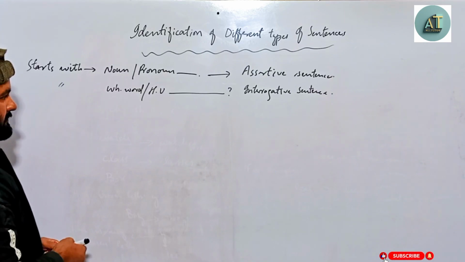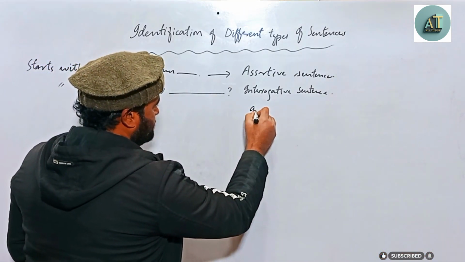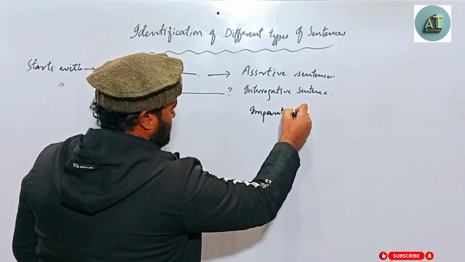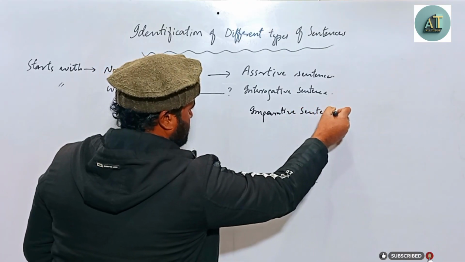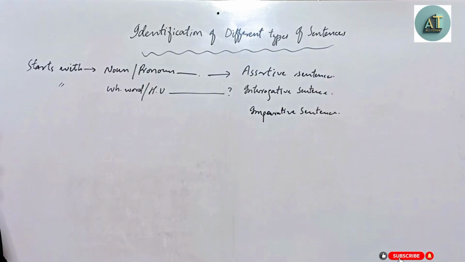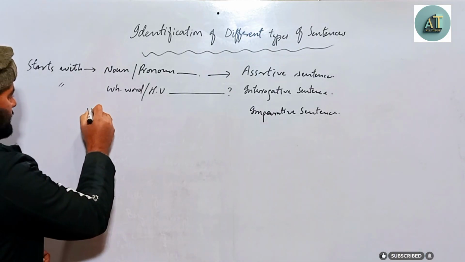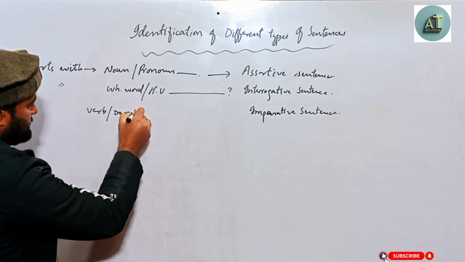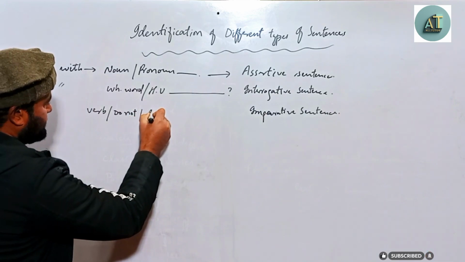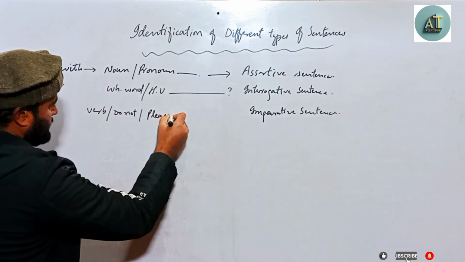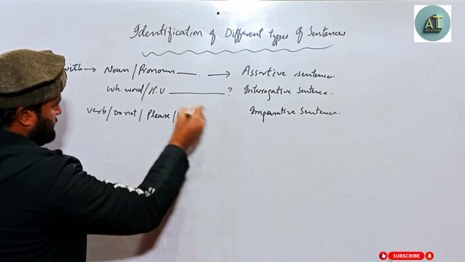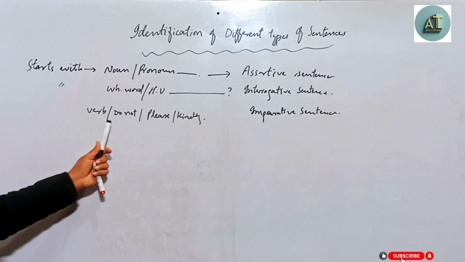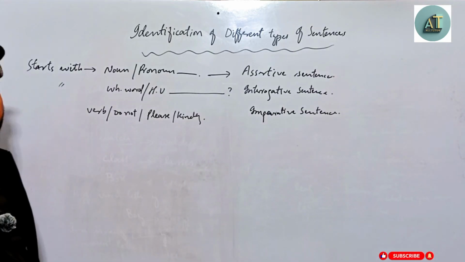The next is the imperative sentence. All those sentences that start with the first form of a verb, do not, please, or kindly are called imperative sentences.